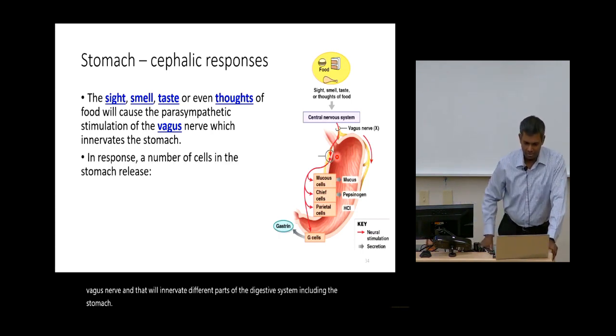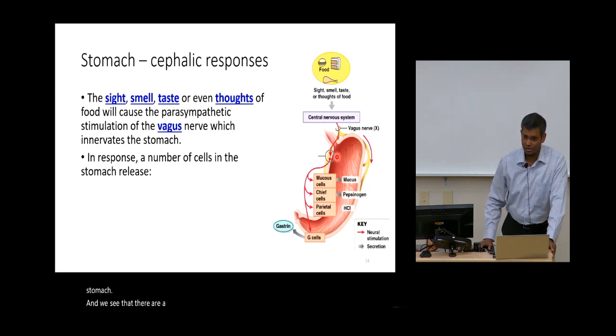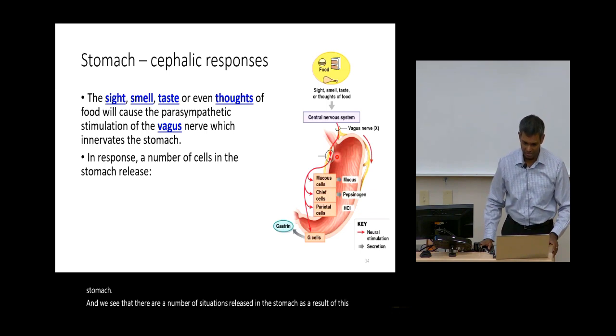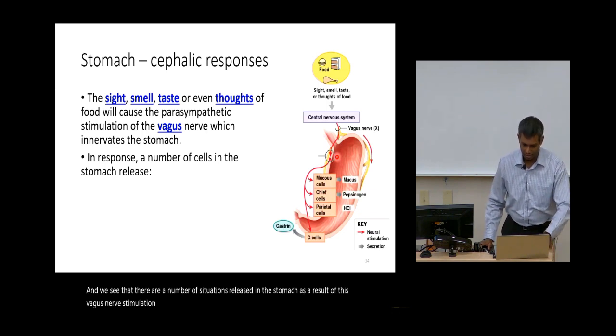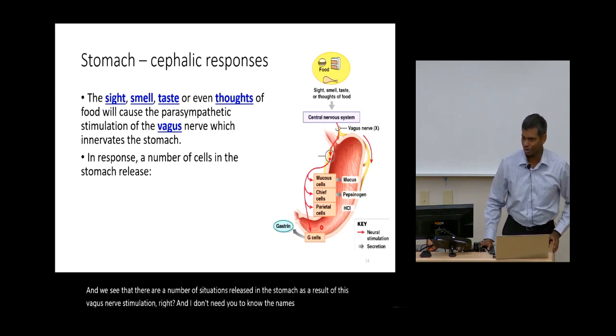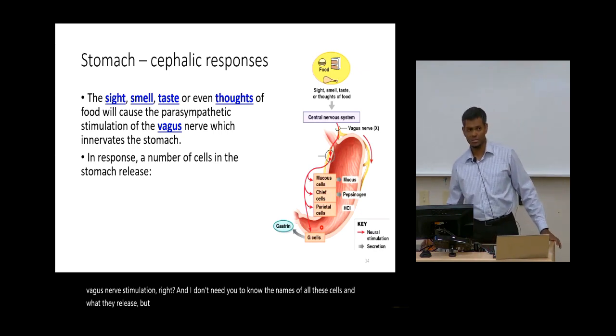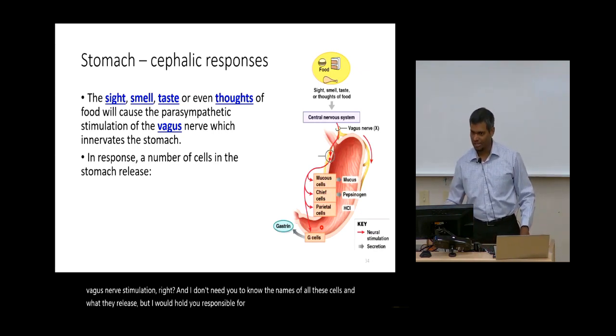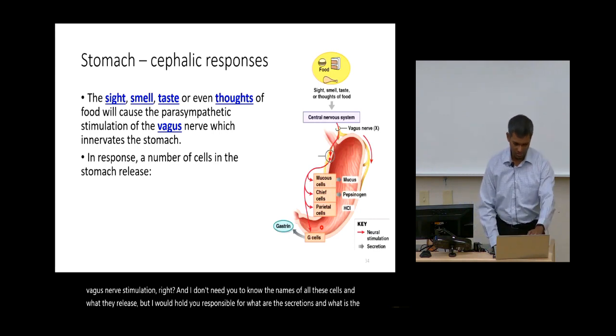And we see that there are a number of secretions released in the stomach as a result of this vagus nerve stimulation, right? I don't need you to know the names of all these cells and what they release, but I would hold you responsible for what the secretions are and what the functions of those secretions are.